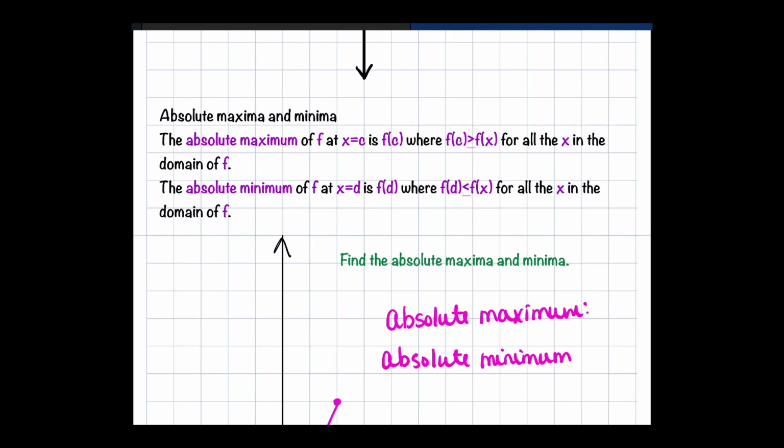And the same thing for the absolute minimum, if there's a point, we'll call it d, where f of d is less than all the other f of x's in the domain. All the x's that you would plug in for the function. If there's a point that's lower than all the other points in the domain, then yes, that is an absolute minimum.